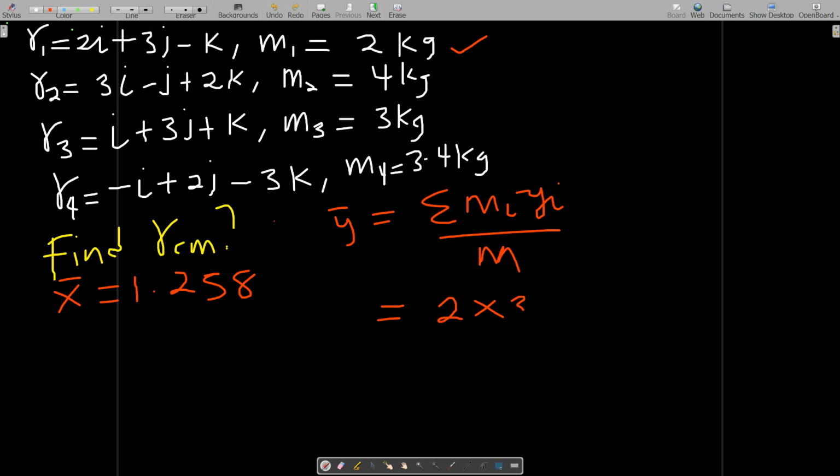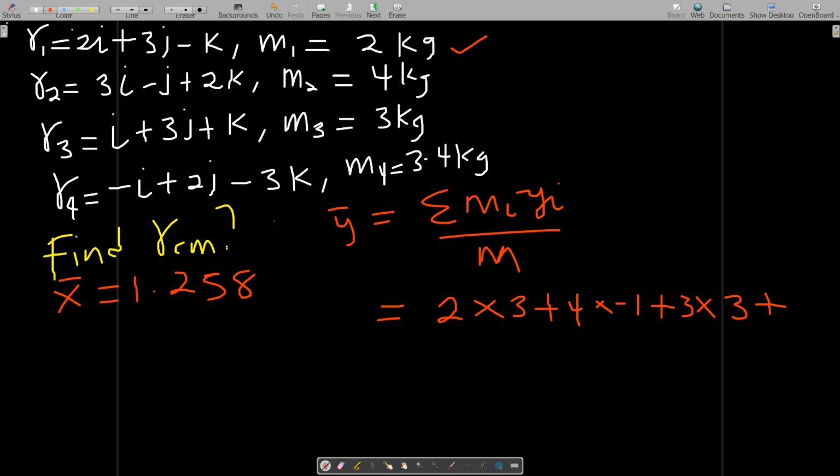So I get 2 times 3, plus 4 times the component on the j for the second particle, which is -1, plus 3 times the component of the third one, which is 3. I'm just writing the components of the j's, for the yi's.